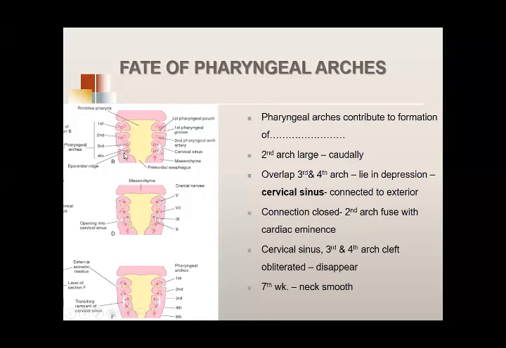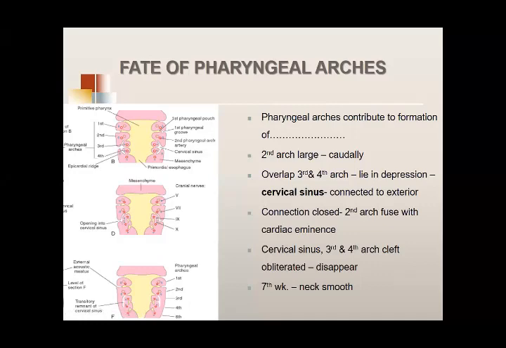This depression or cleft in which the third and fourth arch are lying, this is called cervical sinus. ये जो है cervical sinus. और ये देख लीजिए, ये जो cervical sinus है, this is connected to the exterior. Close नहीं है, this is connected to the exterior.